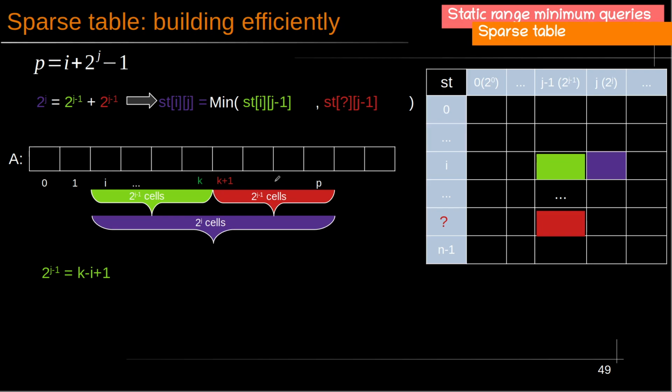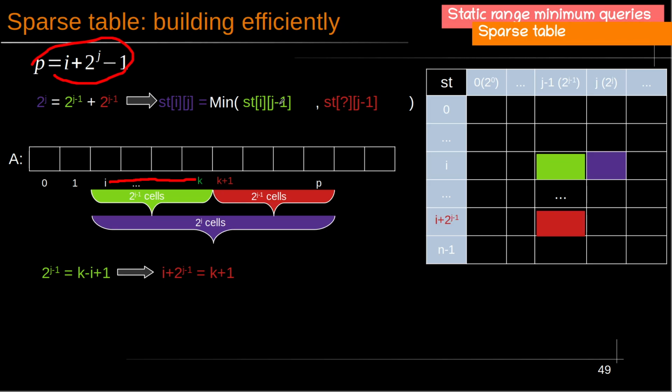We know that from i to k, we have 2 power j minus 1 cells, and also we have k minus i plus 1 cells. It's the same value. The number of cells in this range is k minus i plus 1, which is 2 power j minus 1 cells. So k plus 1 is equal to i plus 2 power j minus 1. We can use this formula as we can use this one. It leads to the same result here.